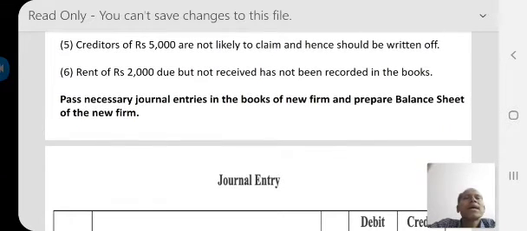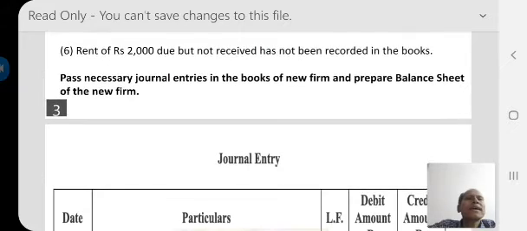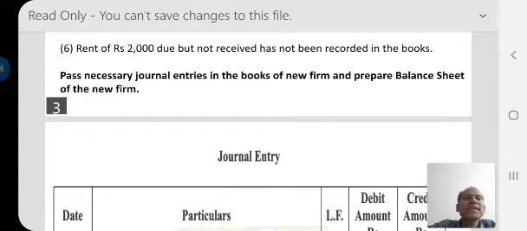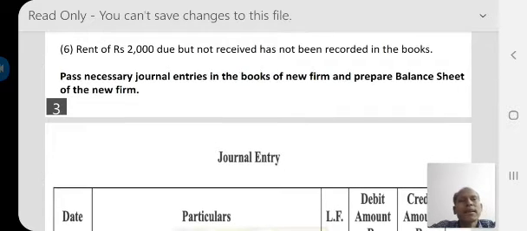Next one: rent of rupees 2,000 due but not received has not been recorded in the books. He is clearly saying that it is not received, which means it is income.